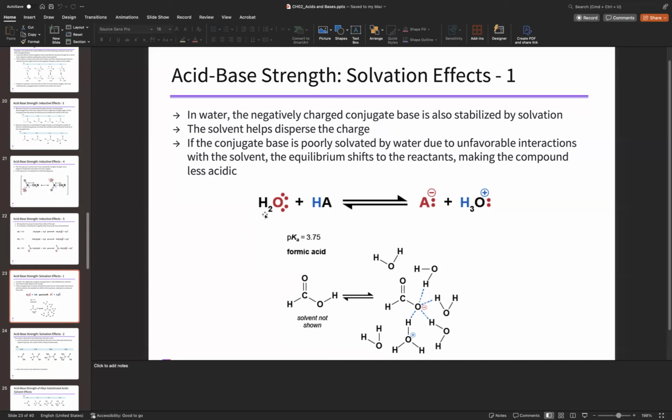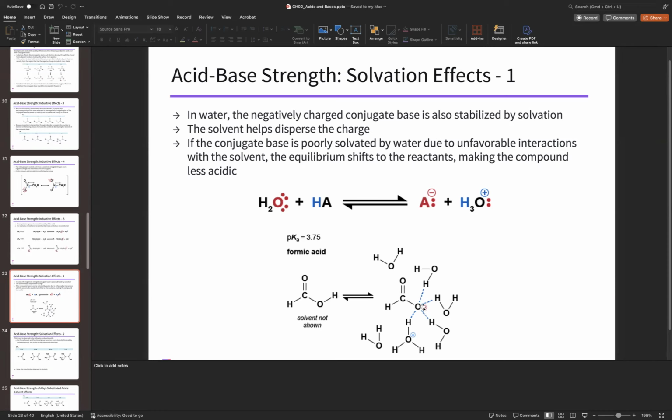So here we have a compound called formic acid, okay? Formic acid is simply the compound shown down here. Now, when formic acid forms the conjugate base, it will lose this proton and you get formate ion, F-O-R-M-A-T-E, formate, with a negative charge there.